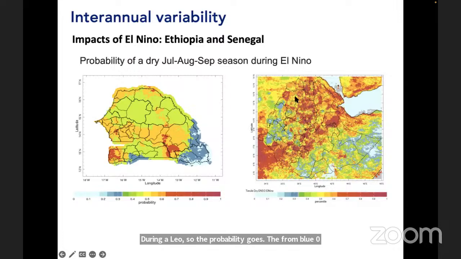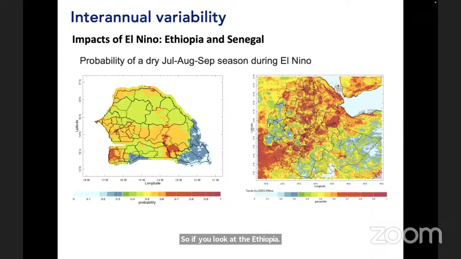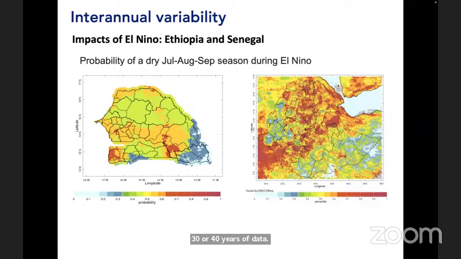So this is not a forecast, this is based on historical data, 30 or 40 years of both El Nino and rainfall data. For Ethiopia, during June, July, August, September, the probability of being dry is very high for the red areas.